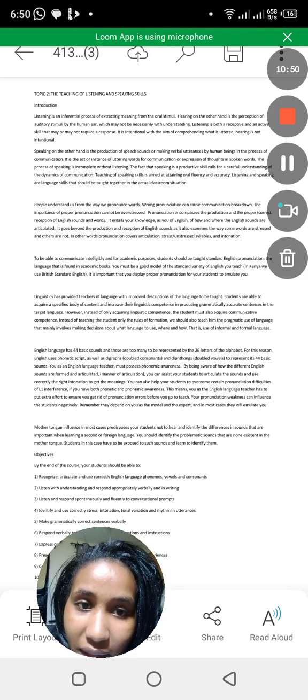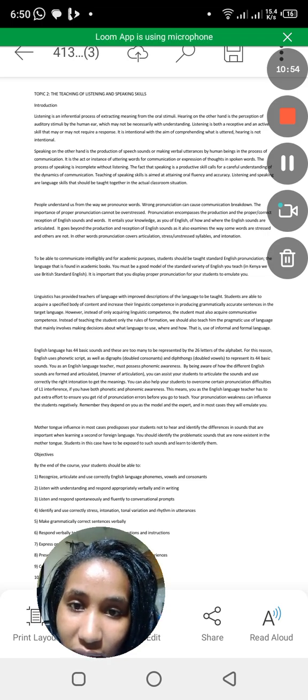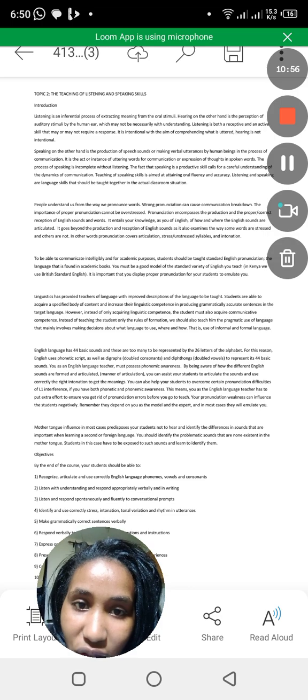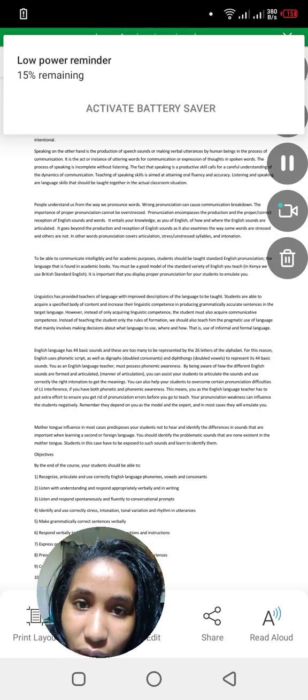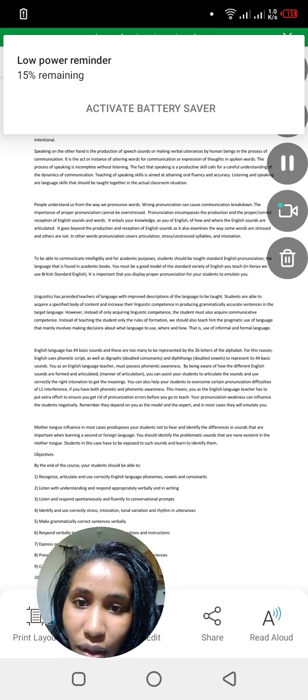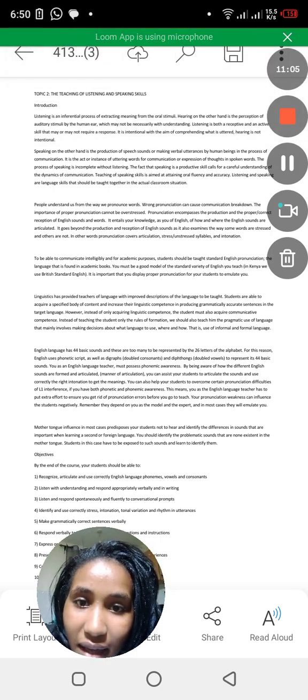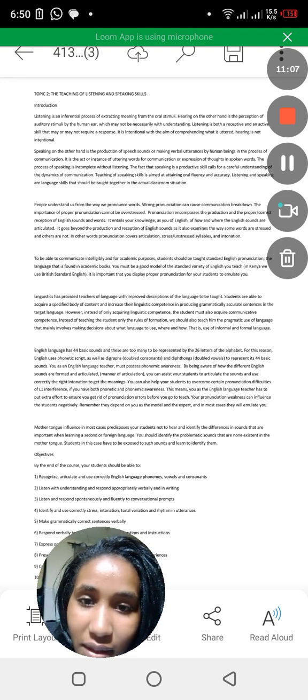People understand us from the way we pronounce words. Wrong pronunciation can cause communication breakdown. The importance of proper pronunciation cannot be overstressed. Pronunciation encompasses the production and the correct reception of English sounds and words.